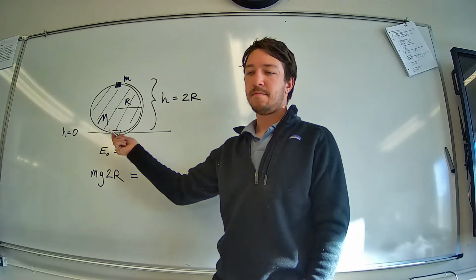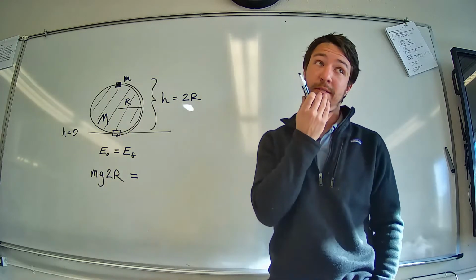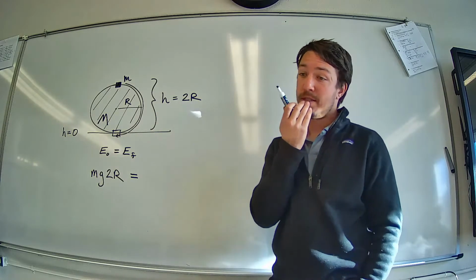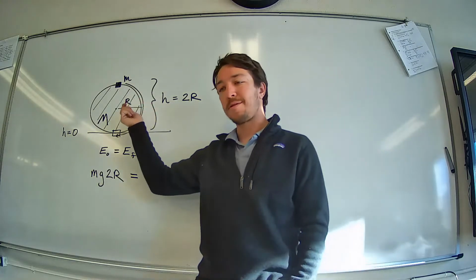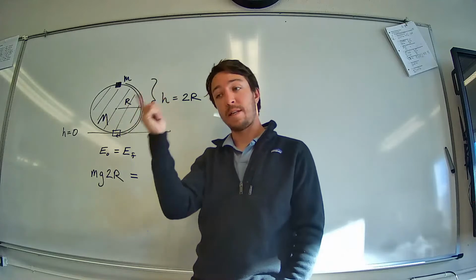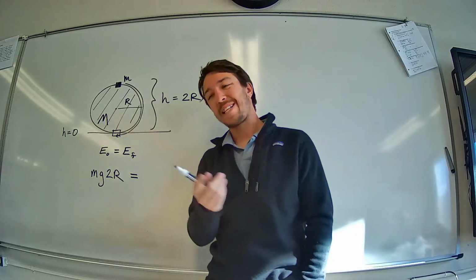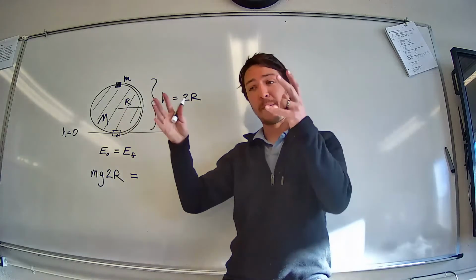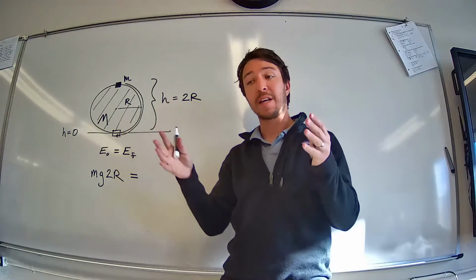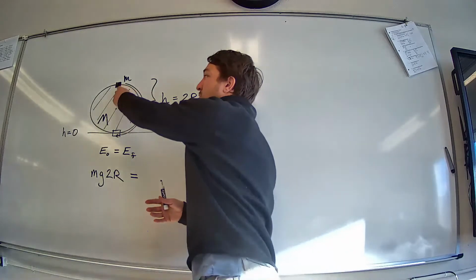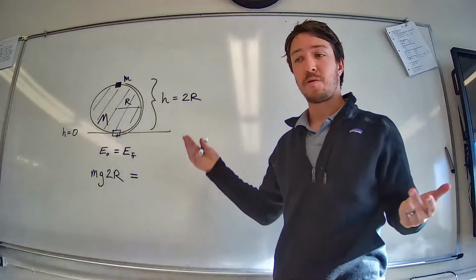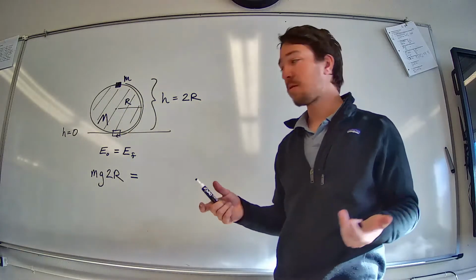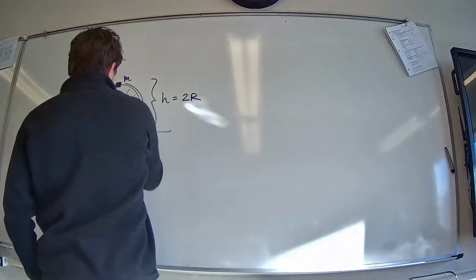There are two objects. There's the disk, so I have to consider the rotational energy of the disk, and then the rotational energy of the actual point mass. That make sense? So let's do the disk first.